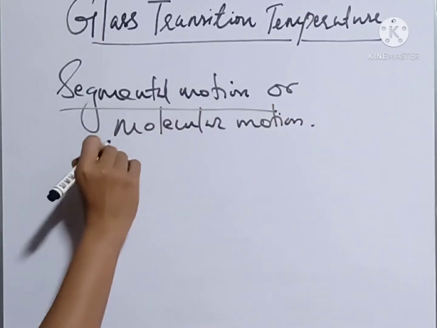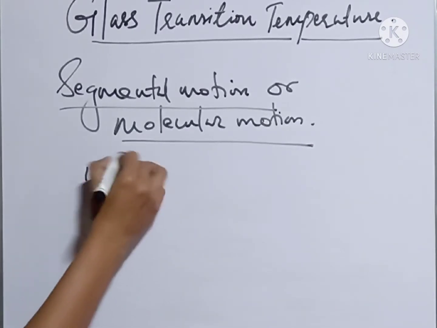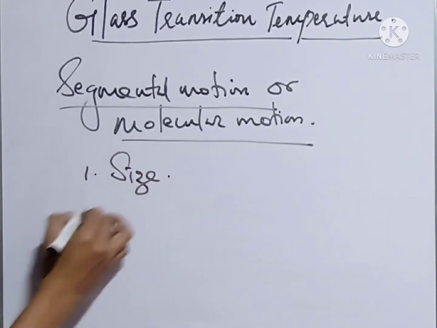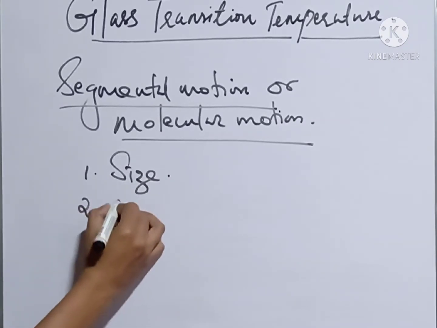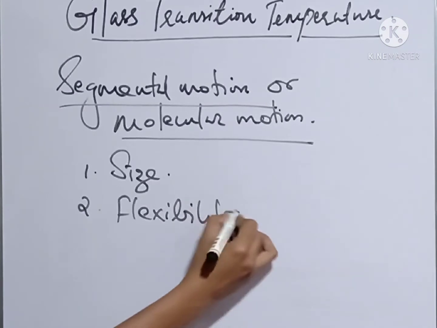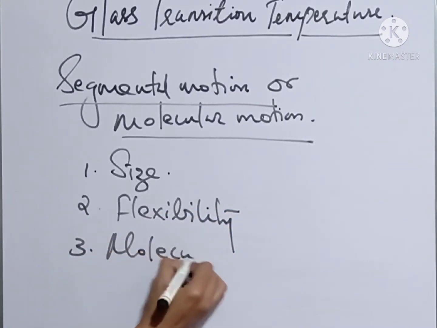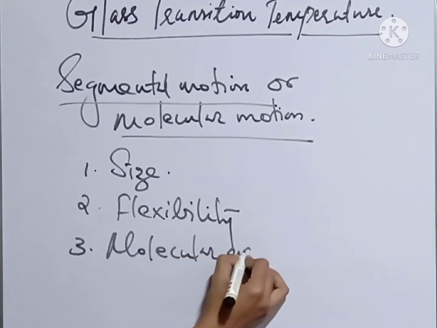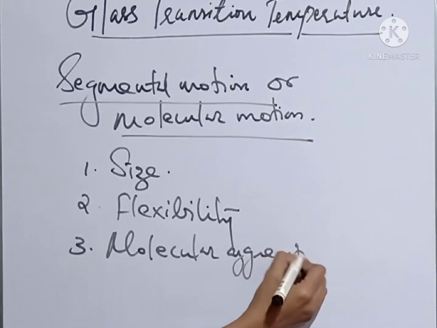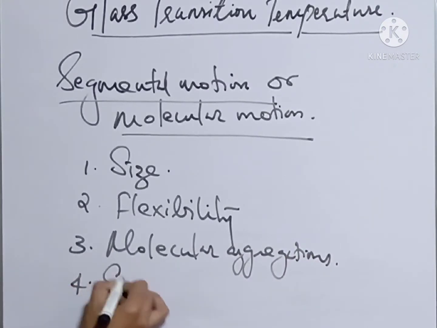And the segmental movement or molecular movement mainly depends on the factors: size, then flexibility of the polymer, then third one molecular aggregations, then the fourth one geometry.